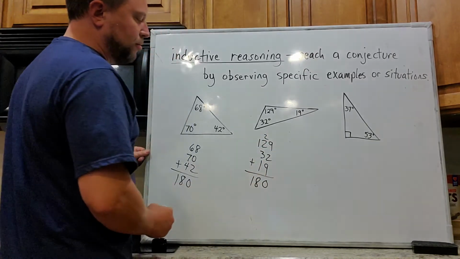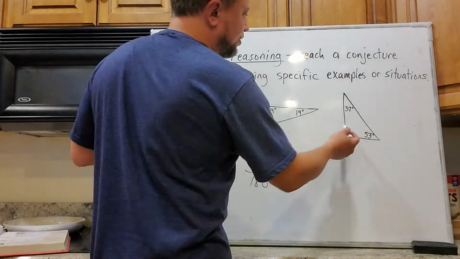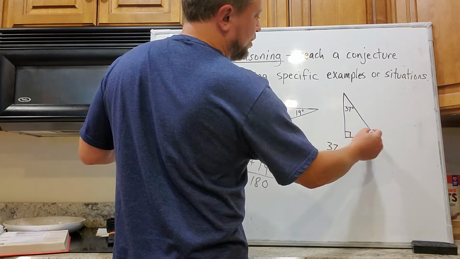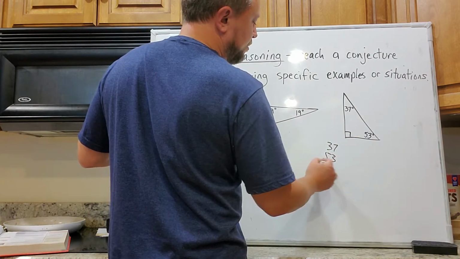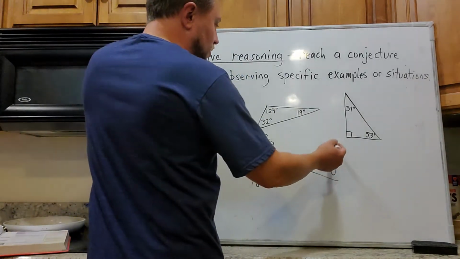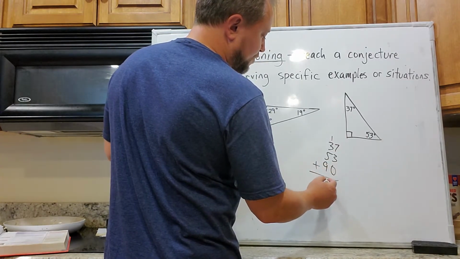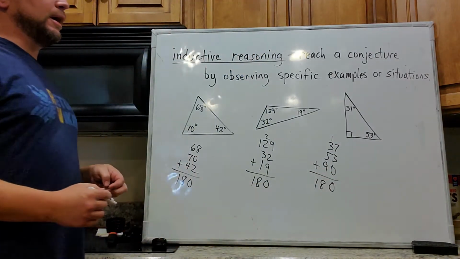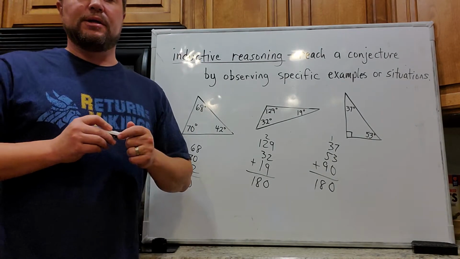Oh, what do you know? 180, 180. So far it's working. 37, 53, and we know this mark means 90. If we look at those angles on that triangle, once again, I think you're going to find they add up to 180. So that would be my statement in this case.